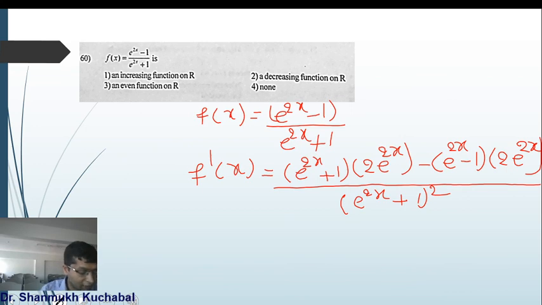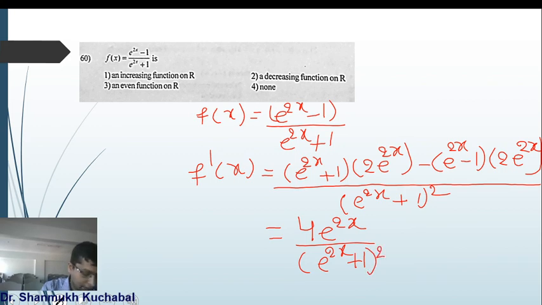So on simplification, we are going to get this function as 4 times e raised to 2x divided by e raised to 2x plus 1 whole square.